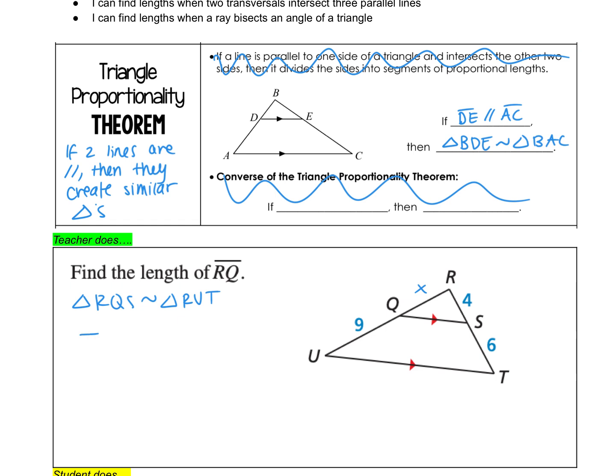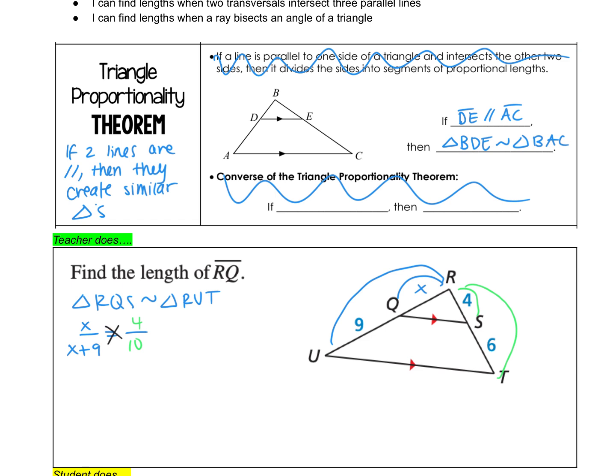If I want to jump right to my proportions, I know the small side goes with the bigger side. So I have X, and then be careful, this one is X plus 9. On the other side, I have small triangle, big triangle. So 4 and 10. And again, you've seen this.